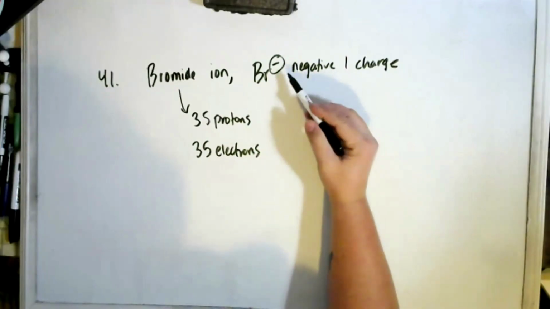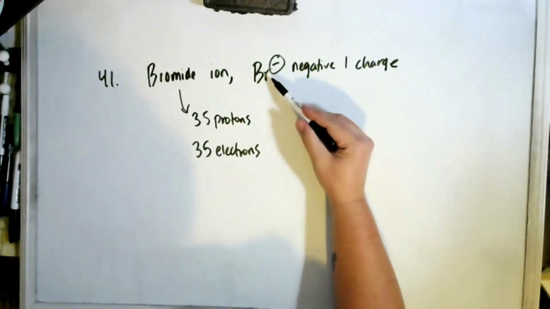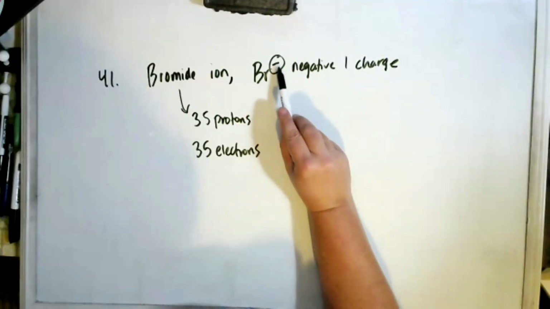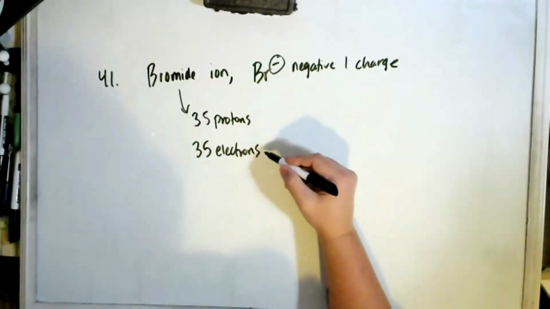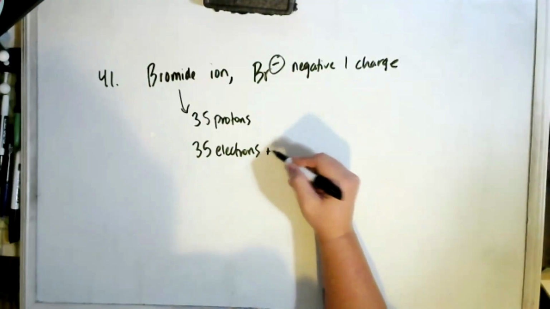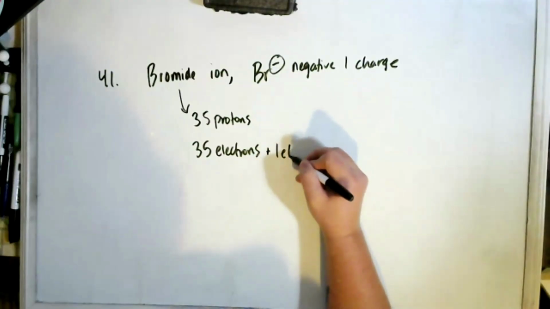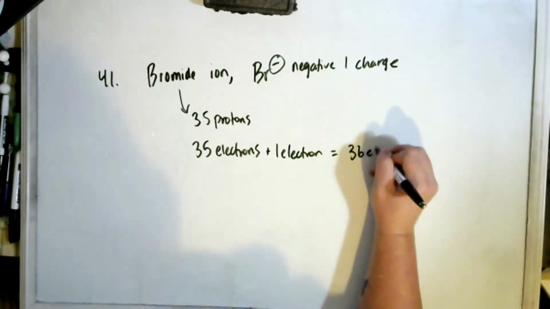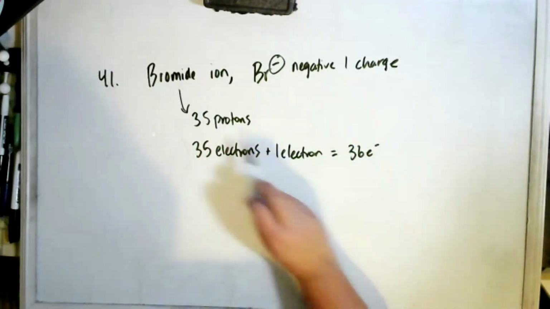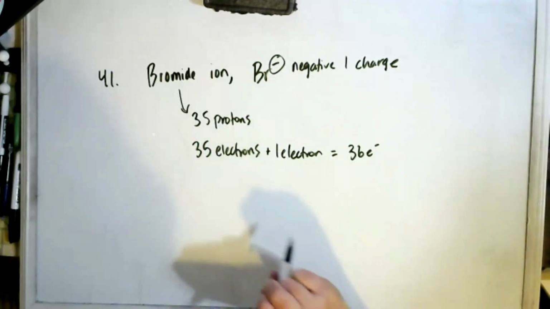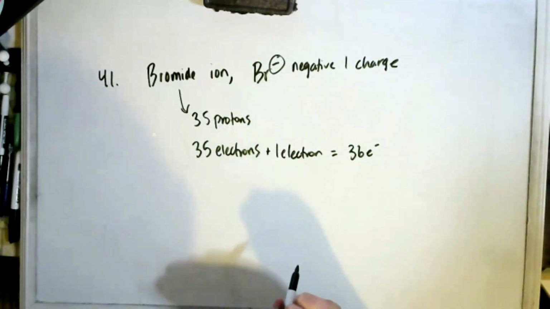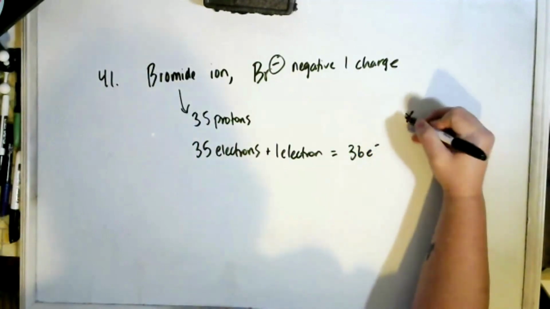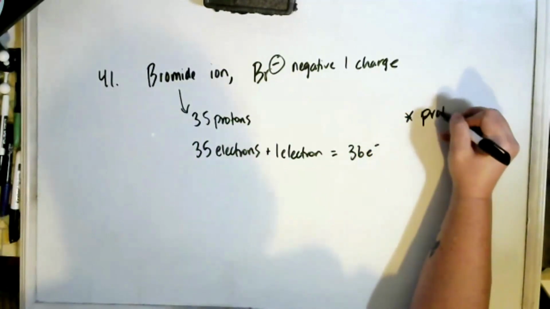Okay, so when you're forming the bromide ion and it has a -1 charge, that means it's going to have one more electron. Okay, it's going to have one more electron than proton for it to have a -1 charge. Okay, when you're making ions, protons never change.